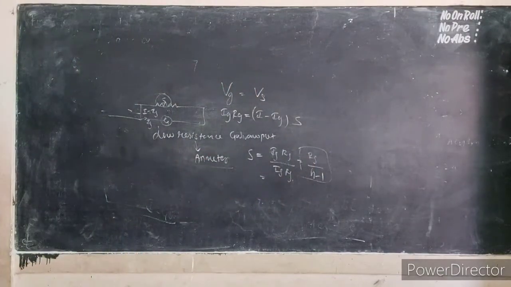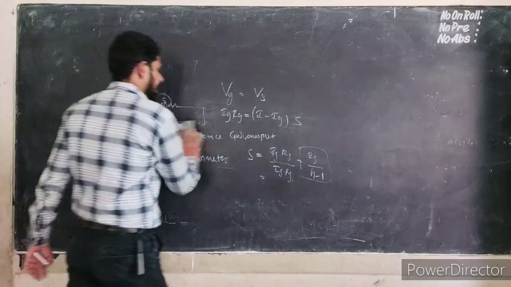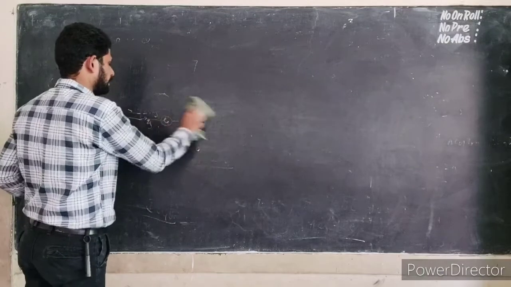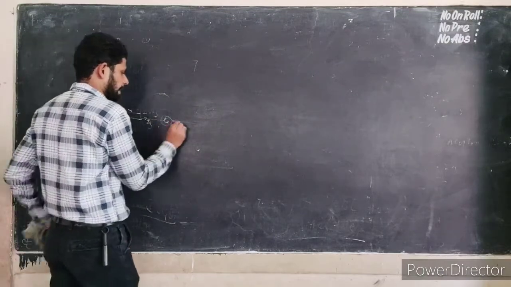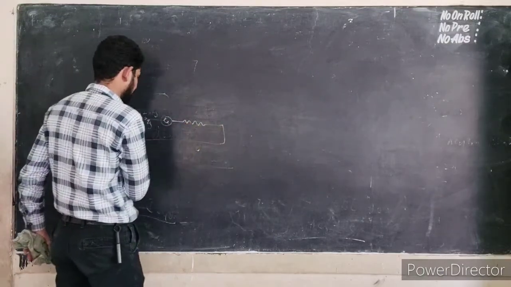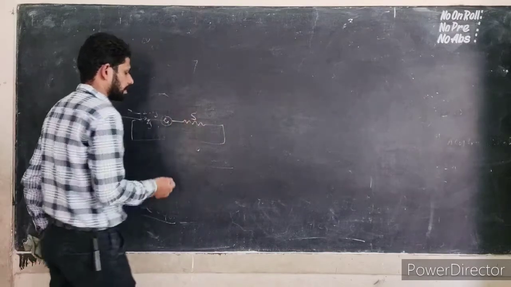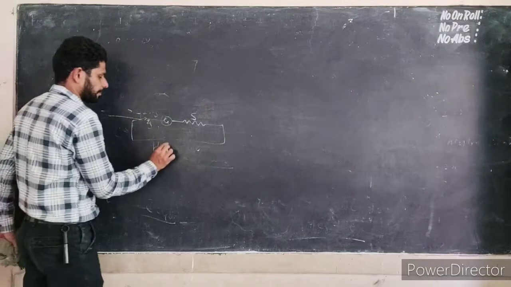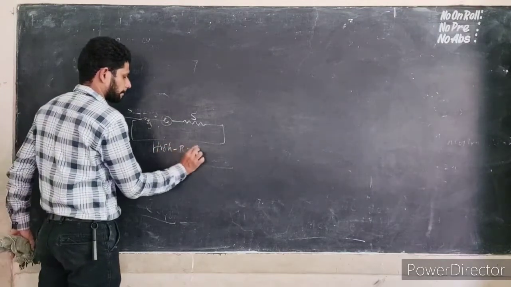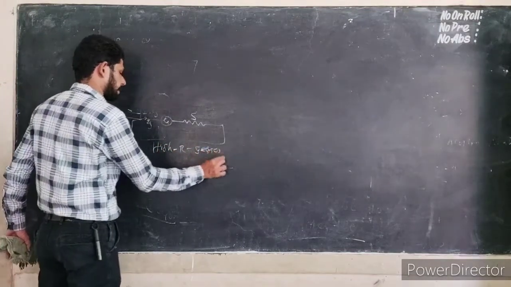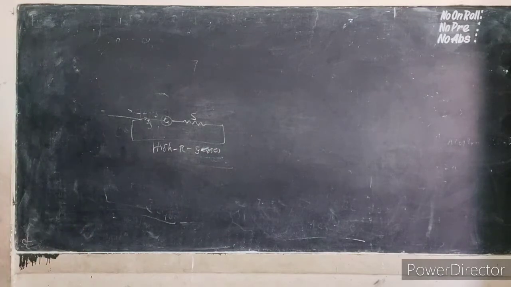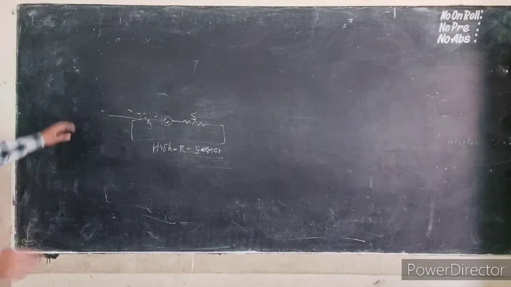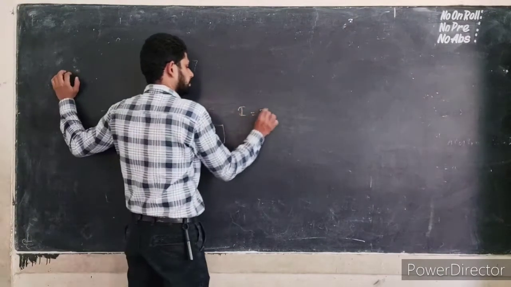Now, galvanometer to voltmeter: a high resistance should be connected in series with the same galvanometer. Here we calculate the high resistance in series. Here also we have to calculate the current, which will be equal to Ig.